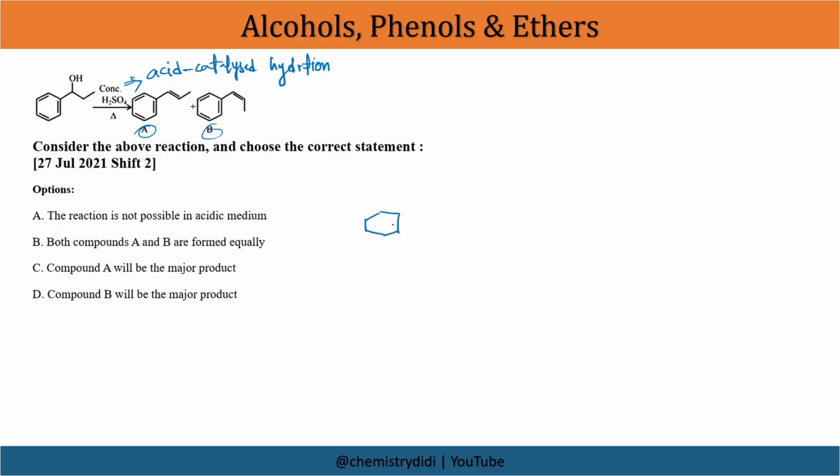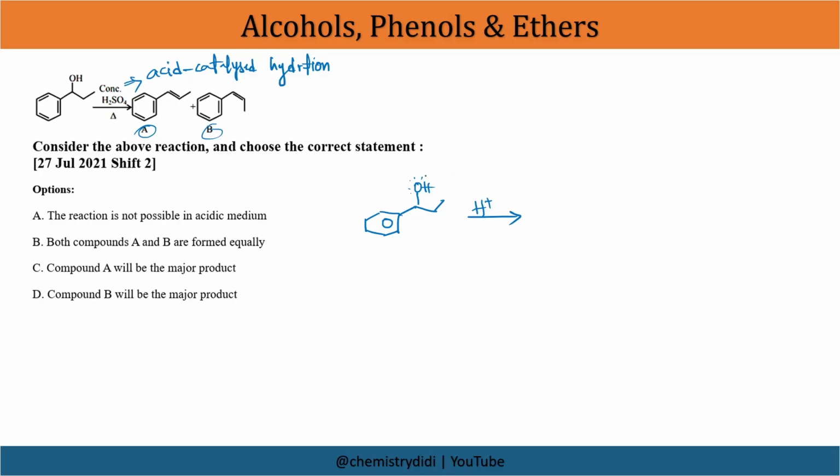Okay, so this is benzene and here we have this group. Here first they have given concentrated H2SO4, meaning H plus is there, right? I have told you this mechanism is super easy once you understand the basic mechanisms. Whenever there is OH and they give acidic conditions, then protonation occurs for sure.